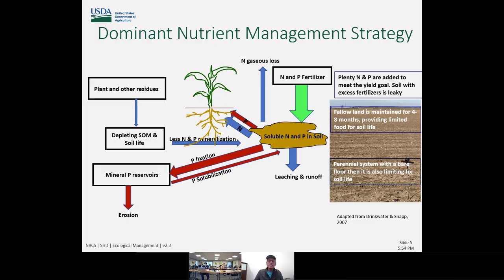So this nutrient, nitrogen and phosphorus, let's say, is going to the soil solution, and part of it is taken up by the plant, but nitrogen especially, some of it is leaching, and part of it is running off. And also we are losing in the gaseous form.